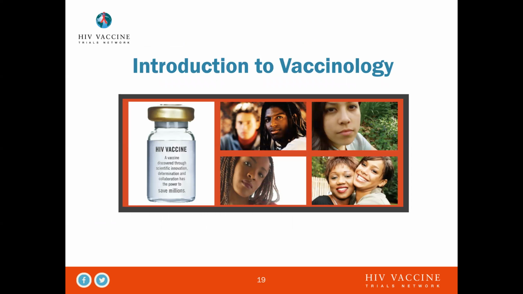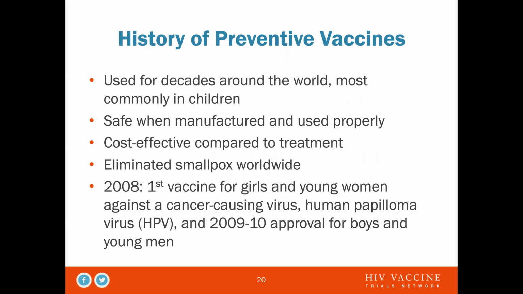Now we will transition to Introduction to Vaccinology. Preventive vaccines have been used for decades around the world and are most commonly given to children. Preventive vaccines are safe when manufactured and used properly.